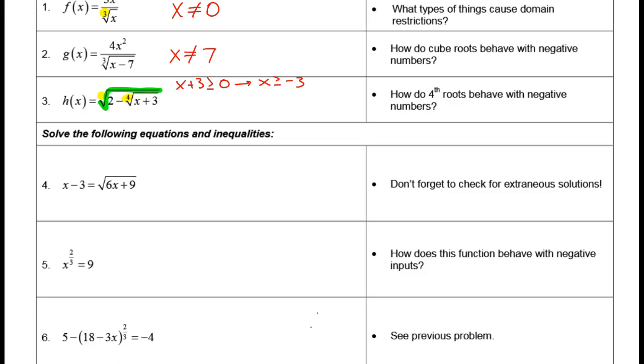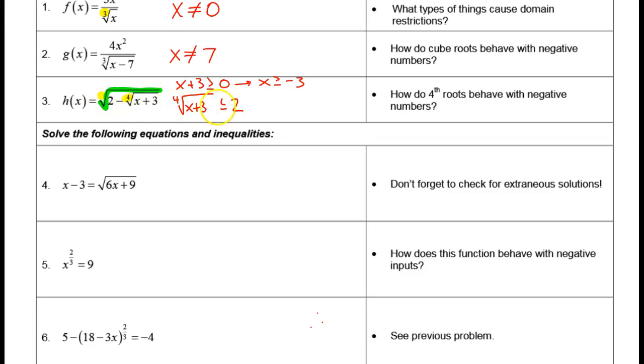So what does that mean? Let's take a look at that. So the fourth root of x plus 3 needs to be less than 2. So let's go ahead and write that out. The fourth root of x plus 3 has to be less than or equal to 2. Because if it's not, then I would have a negative number under that green square root symbol.